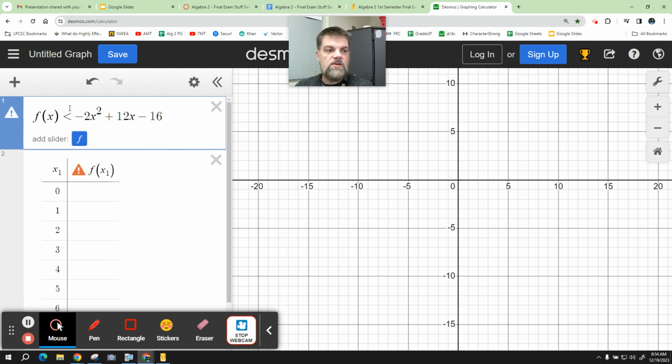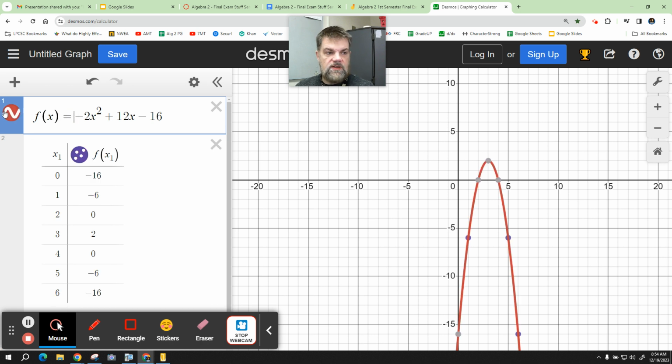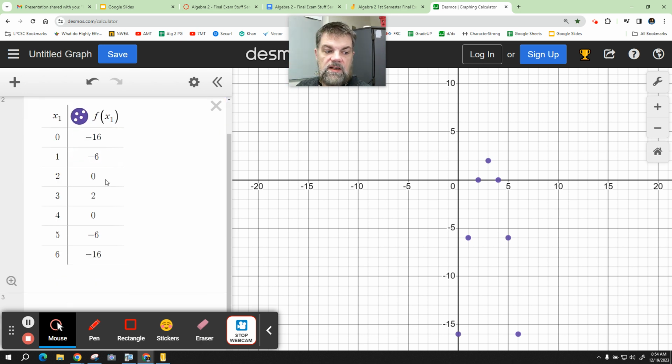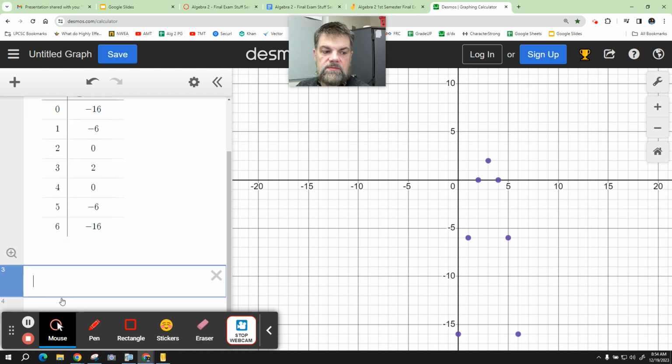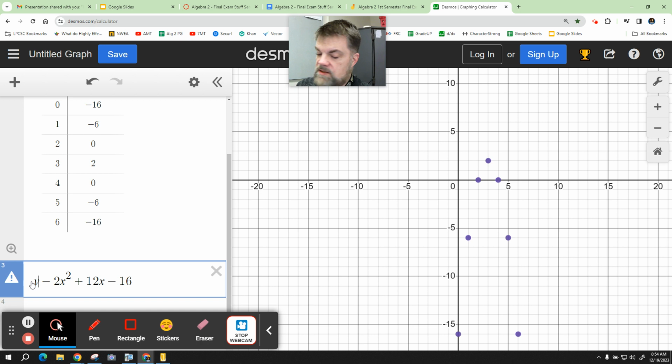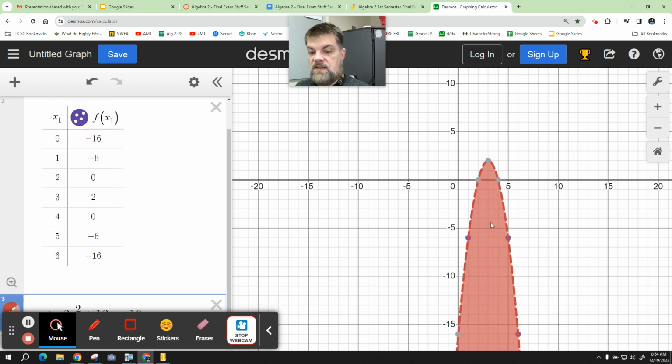Now we're going to run into a problem when we do this f of x business. So I'm going to copy and paste this into another graph, like this. But now I'm going to say y is less than this.